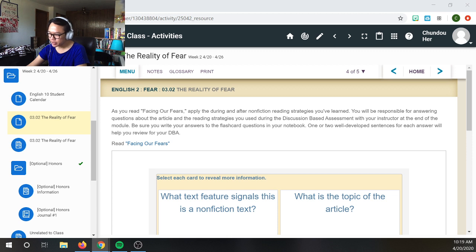Hold on a second as I create and open up a doc. I have to make this in my English 10 folder so that way I remember where it is. Alright, so I got my doc now.